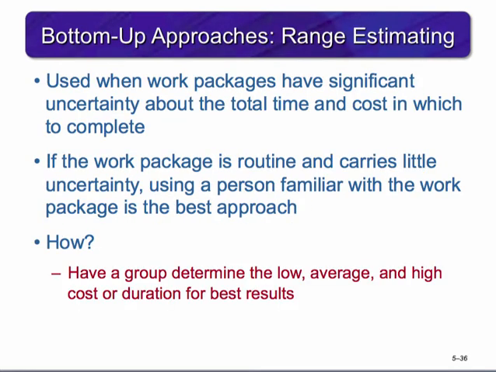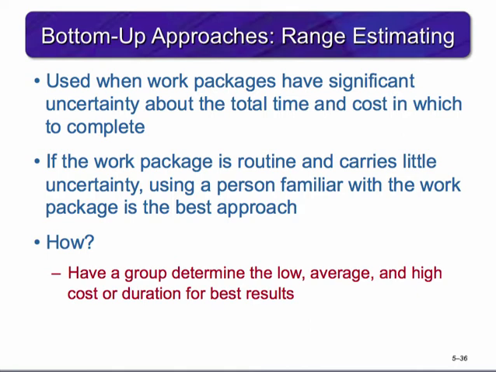The range estimating method works best when work packages have significant uncertainty around the time and cost to complete it. If the work package is routine and carries little uncertainty, using a person familiar with the work package is usually the best approach. They know from experience or know where to find the information to estimate the time and cost.